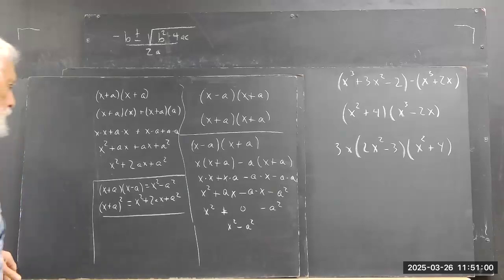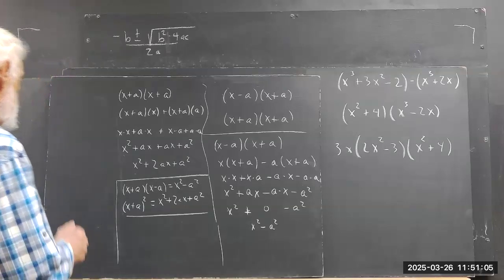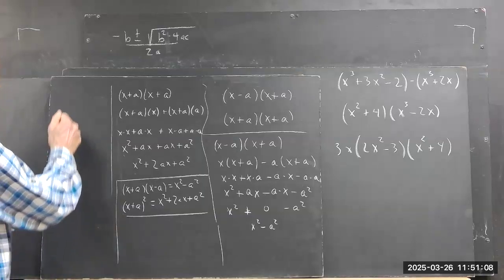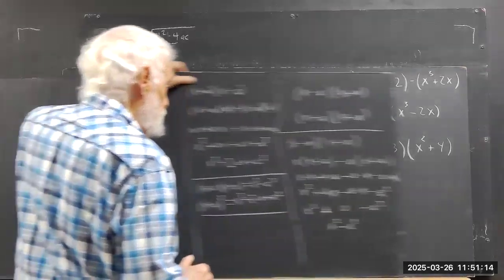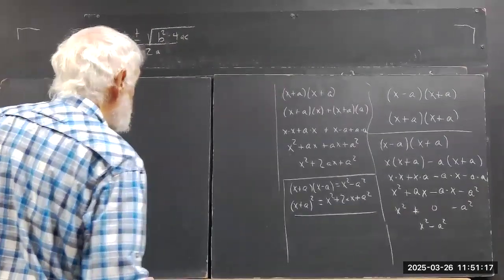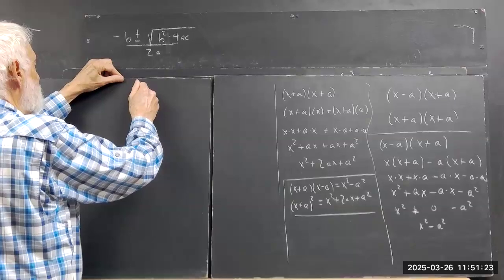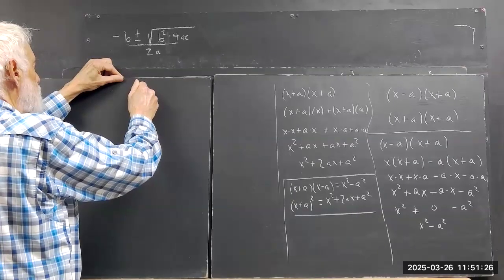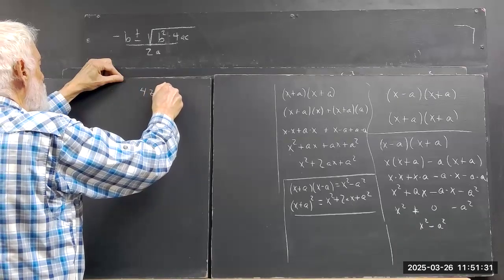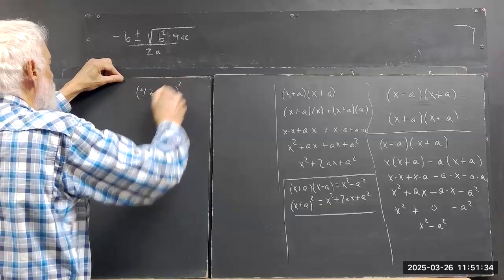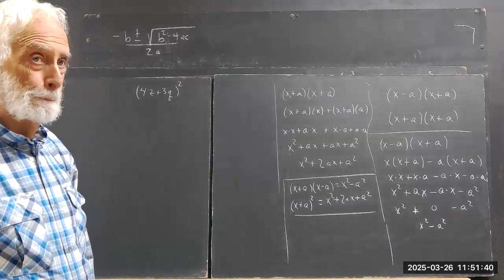Well, what good are these? Tell me. I don't have room to write it here, so it's over here on this board. So we have the two special products. Now let's say we got 4z plus 3q squared.